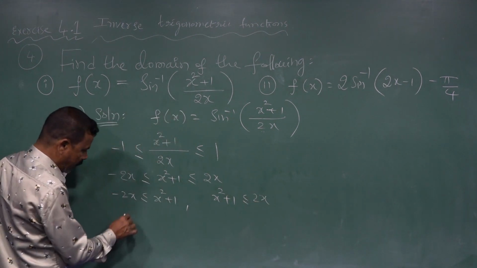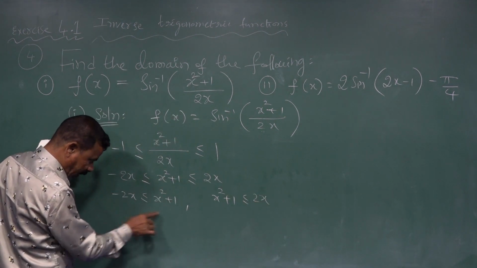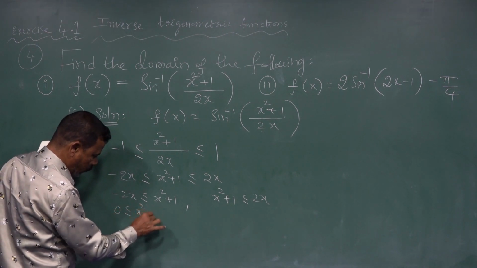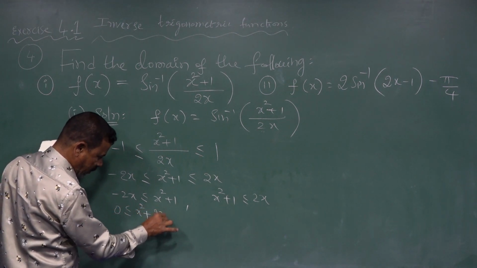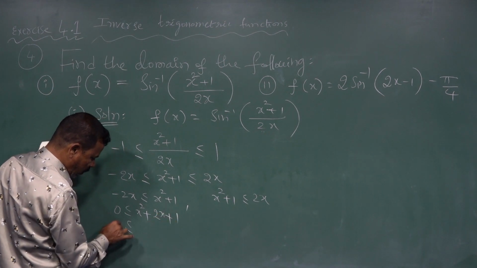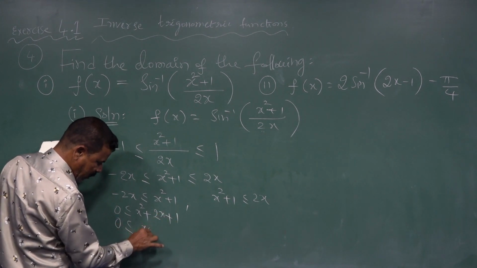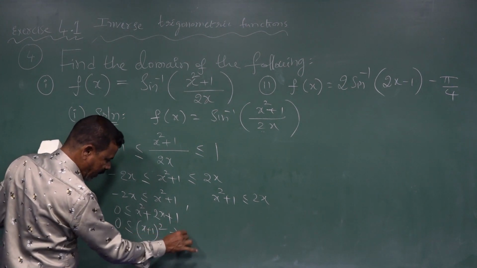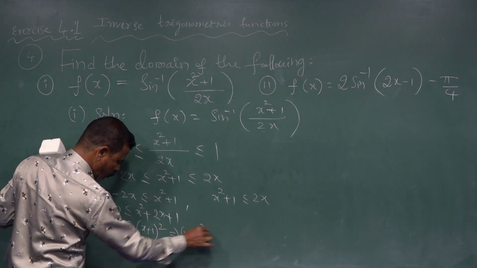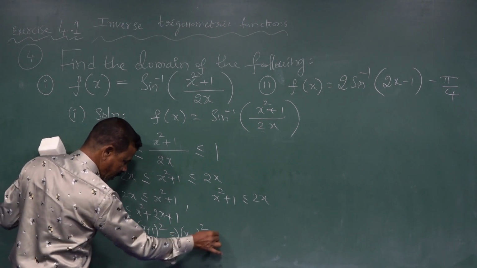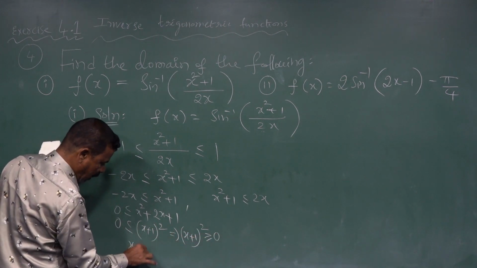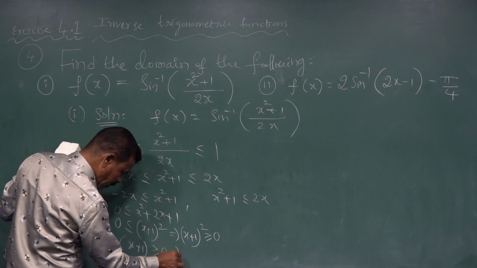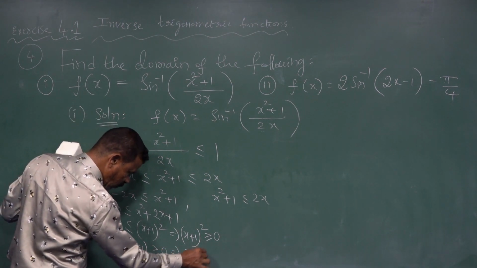Here this value is taken to the right side. So 0 less than or equal to x square plus 2x plus 1, which is x plus 1 whole square. Reversely taken, x plus 1 whole square, and this symbol also changed. So x plus 1 is greater than or equal to 0, that means x greater than or equal to minus 1.